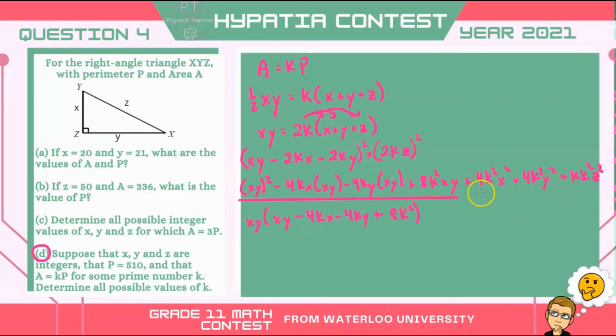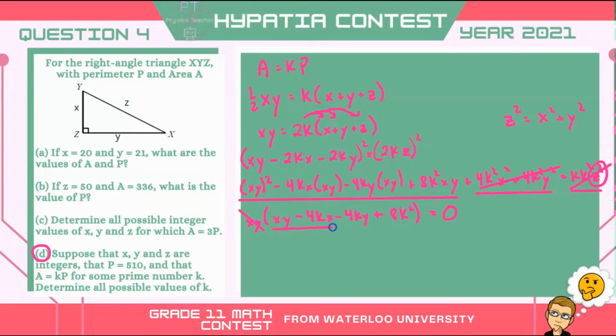And then, just as before, these two terms are going to cancel with this one, because if we remember, z squared by the Pythagorean theorem is equal to x squared plus y squared. So these are all going to cancel, and we're left with this all equaling 0. Then we can also cancel out our xy term, because we can divide both sides of the equation by it, since again we know that x and y are both positive integers, so 0 divided by xy is just going to be 0.